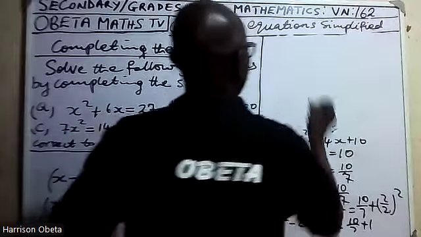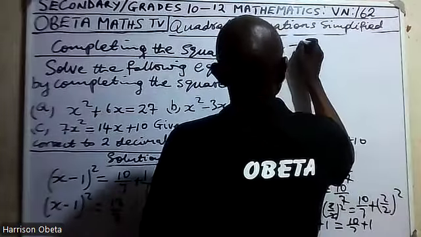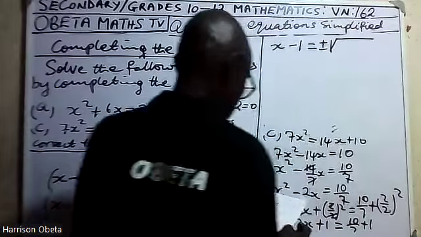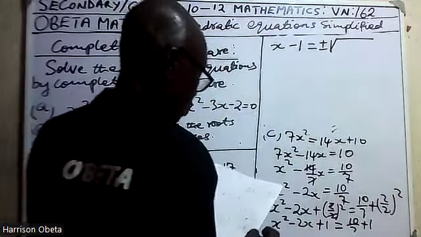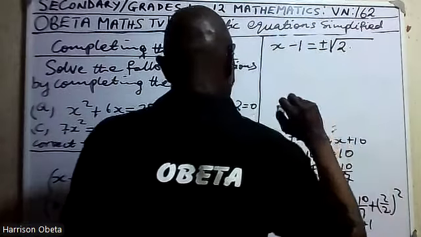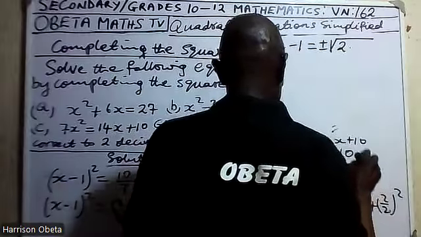So coming up, we have x minus 1 equal to plus or minus square root of, by the time you divide, we have 2.4286.